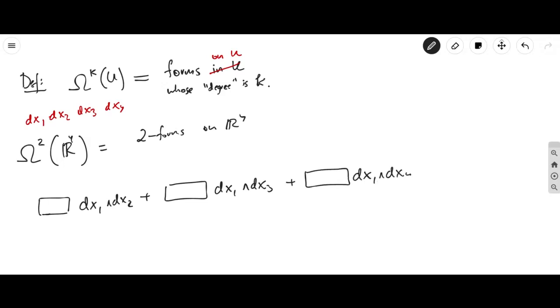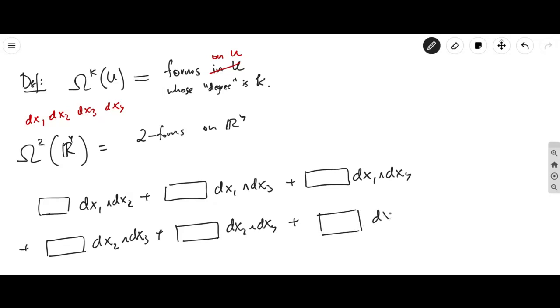dx1 wedge dx4 plus dx2 wedge dx3 plus dx2 wedge dx4 plus, and some coefficient function, dx3 wedge dx4. You can always write them in ascending order, because if it's not in ascending order, you can flip them with a negative sign. And these are just smooth functions, right?